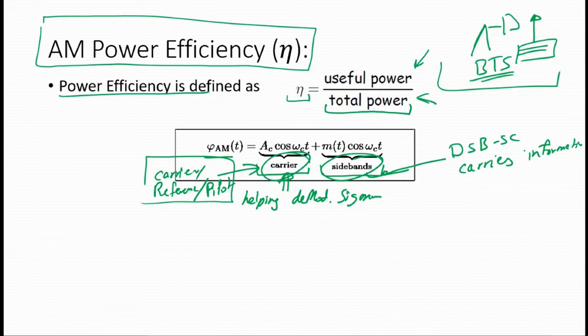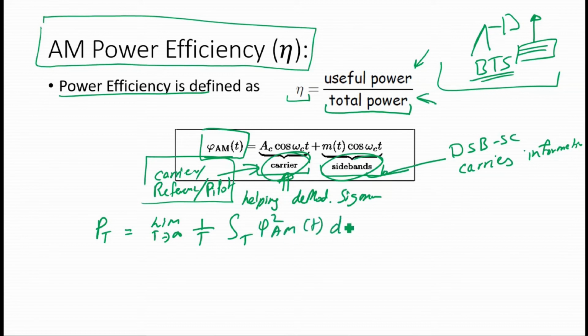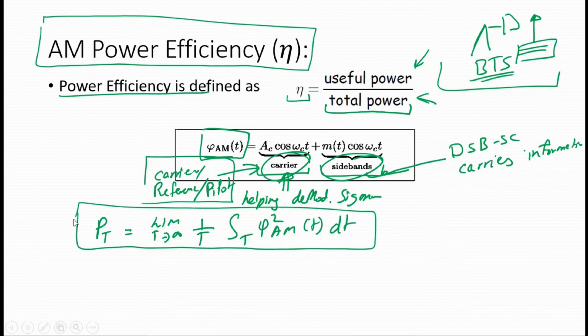If we are looking into the total power, how can we find the total power of phi AM of t? Let us denote the total power by P_T. This is simply the limit as T tends to infinity of 1 by T over time period T, and then phi AM of t whole squared dt. This is a standard formulation of finding the total power of a given signal. Now we have phi AM of t, which is represented in this expression. We can complete the square.